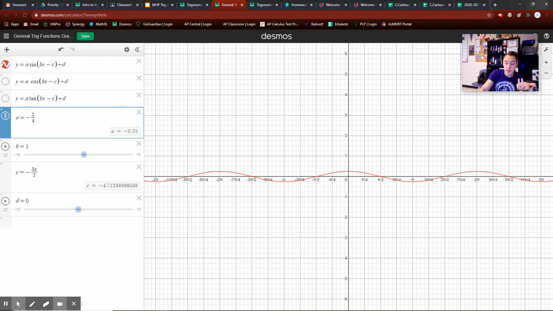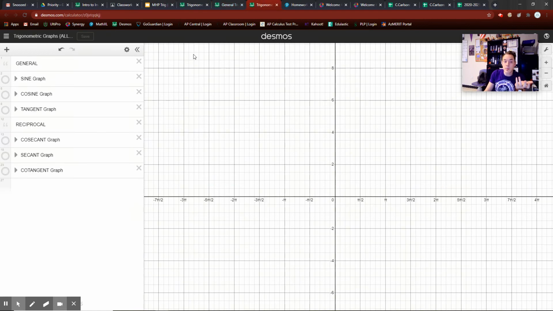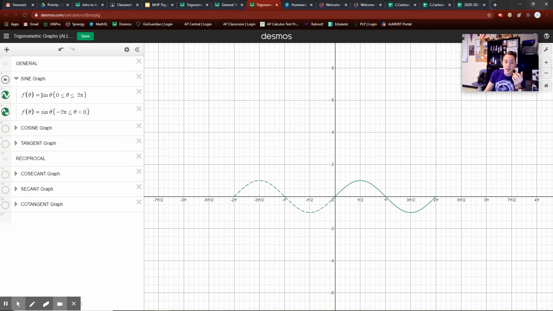It flipped. And if I go to my normal trig functions, let's just pull up sine. What happens if I put a negative here? Flips. Okay? Now, our normal trig function does look like this. It goes up first and then down if it's positive.